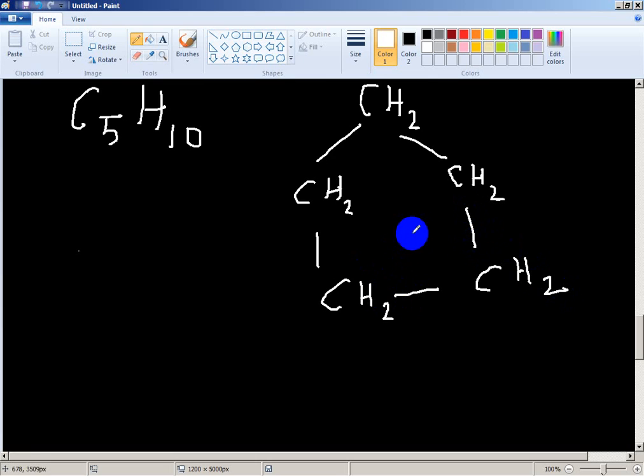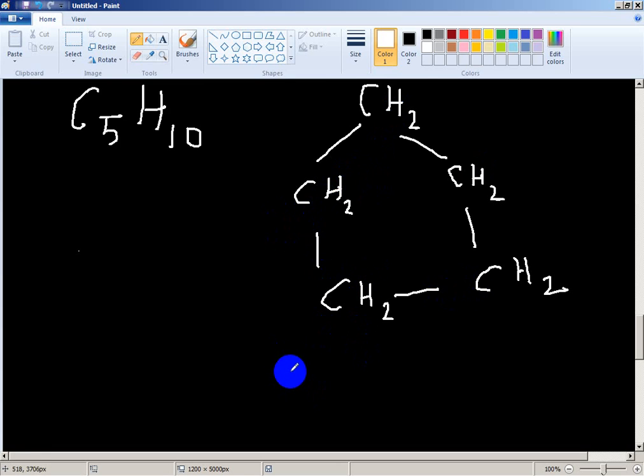Okay, this is one. What is the isomer name? What is the IUPAC name? Okay, this is 1, 2, 3, 4, 5. So pentane. If the cycle is closed, we'll add the prefix cyclo.